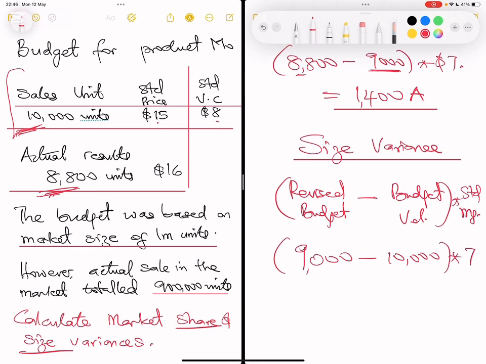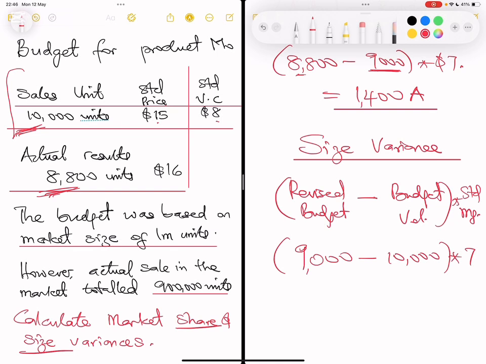And now we can see that we budgeted 10,000. However, market has gone against us. Market has shrunk by itself, and that has reduced our achievement to the maximum of 9,000. Reduction in market size is not what you want to see.